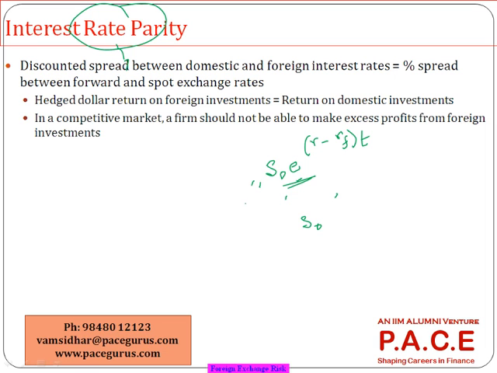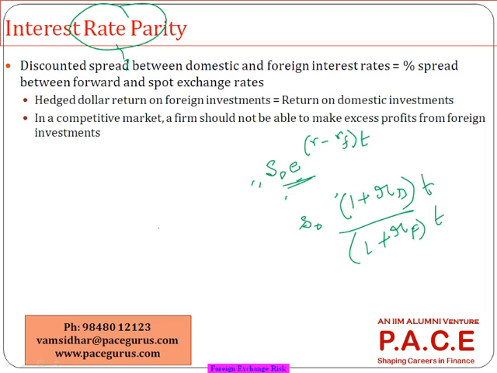Here some other book is being used for discussing the same interest rate parity. So, I mean, doesn't matter. The values don't differ too much. 1 plus R domestic by 1 plus R foreign into T. You remember only one formula. It does not matter at all. Both of them will lead to the same.